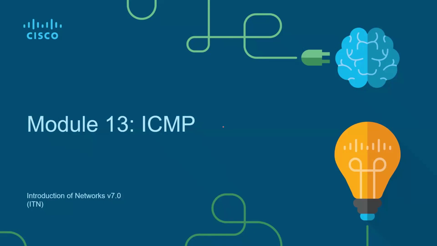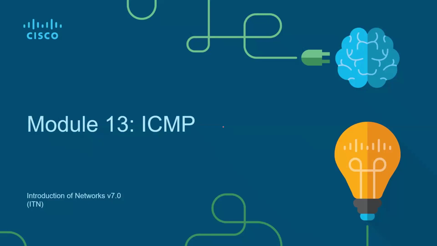Welcome to this new year, and I believe that we're still going to maintain the same commitment that we had in the last year as we continue our journey into the CCNA training class. Today we'll be looking at Module 13, a follow-up of the last class that we had last year.